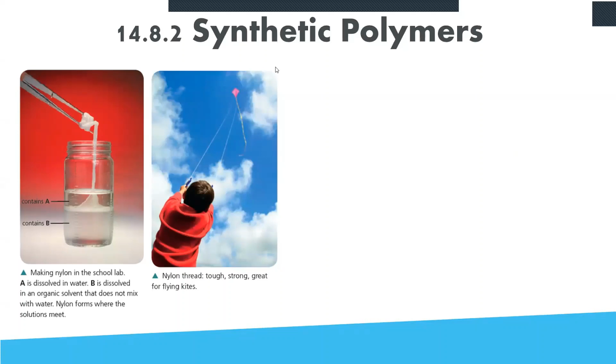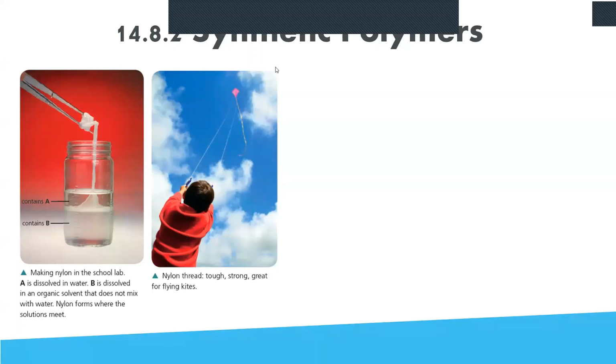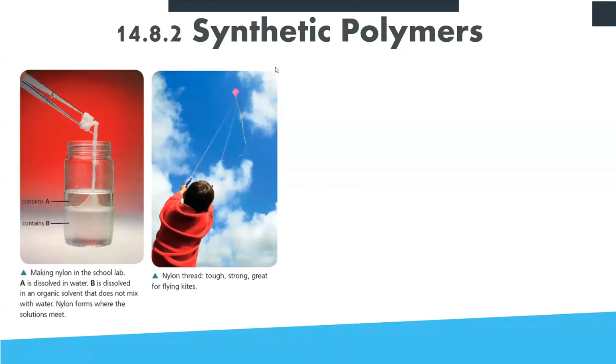Nylon you can make in the school lab if we have the specific materials. We just need two, that is an amine and a dicarboxylic acid. If we have those, we can make nylon. And when those two mix together, there will be a layer that has a little bit higher density, so it will form a layer in between those two liquids, and you can remove that layer as wires or threads.